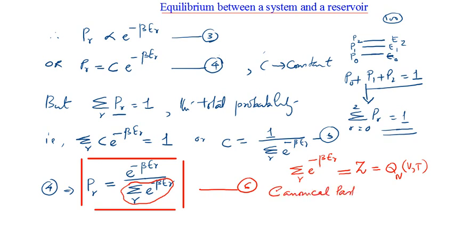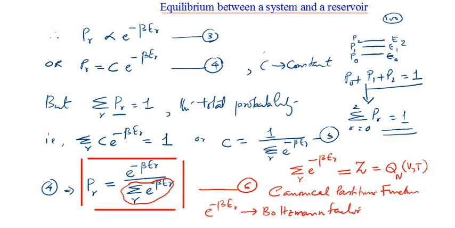Maybe this is the first time you are coming across the term partition. Partition means dividing. The canonical partition function is the denominator of equation 6, and the term e raised to minus beta E_r in the numerator is known as the Boltzmann factor. I'm just naming the quantities in this very relevant equation.